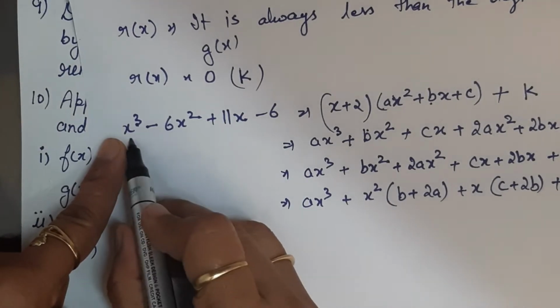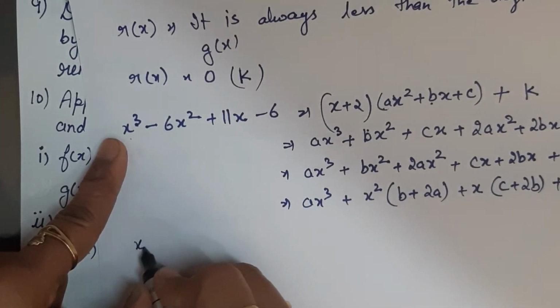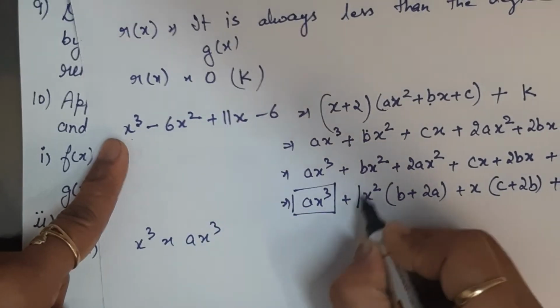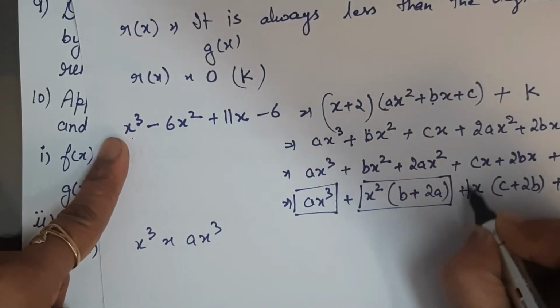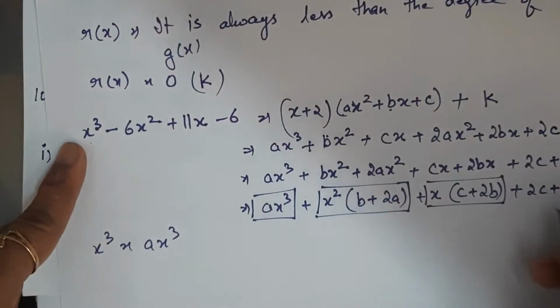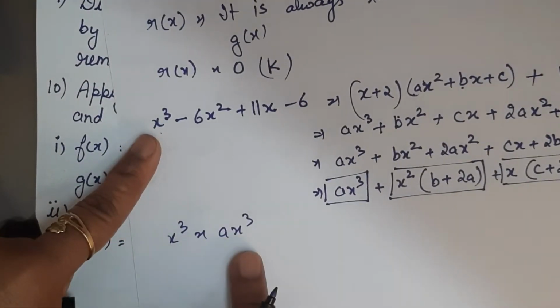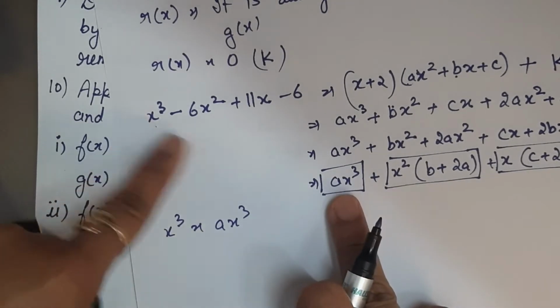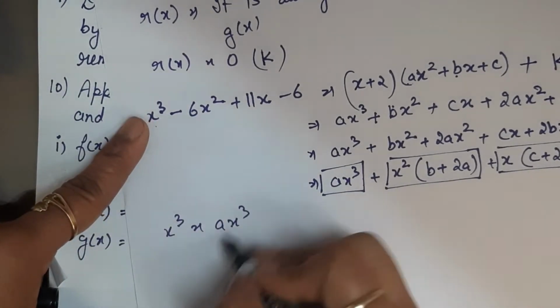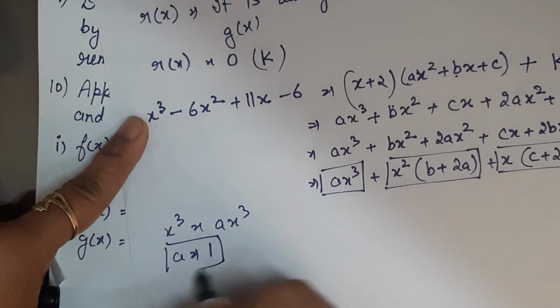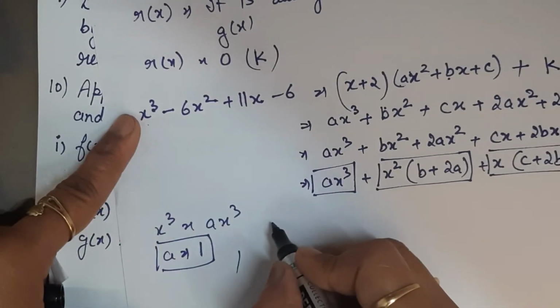How can we compare? See, first, x³ is equal to ax³. This is the cube term, this is the square term, this is the x term, and this is your constant term. Now x³ equals ax³, LHS and RHS cancel out, so a comes out to be 1. Simple. Now move on to the next.